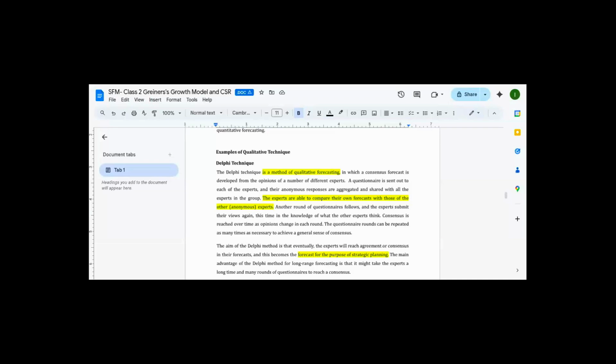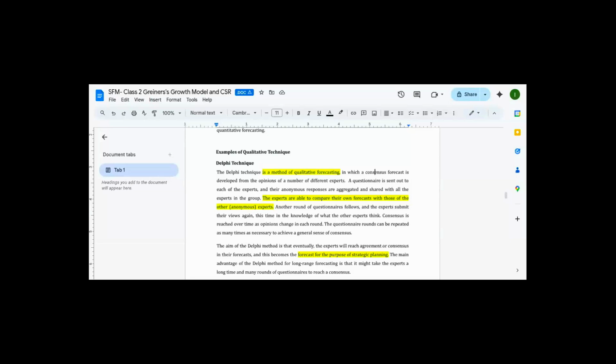So the Delphi method requires the use of expert opinion. We have it in the note. The Delphi technique is a method of qualitative forecasting in which a consensus forecast is developed from the opinion of a number of different experts. Consensus means agreement of mind.